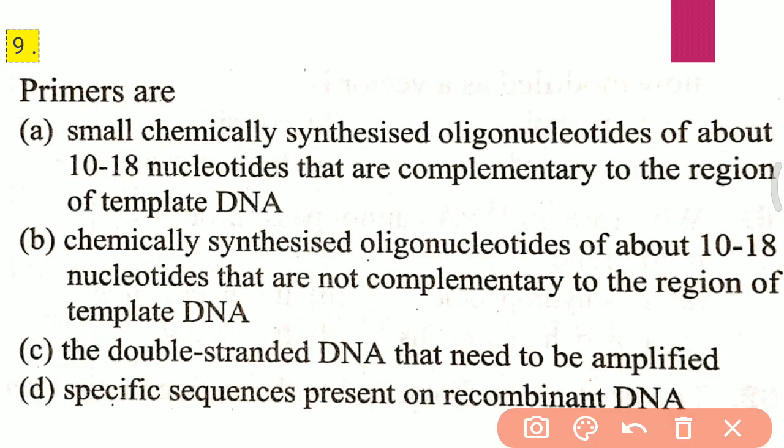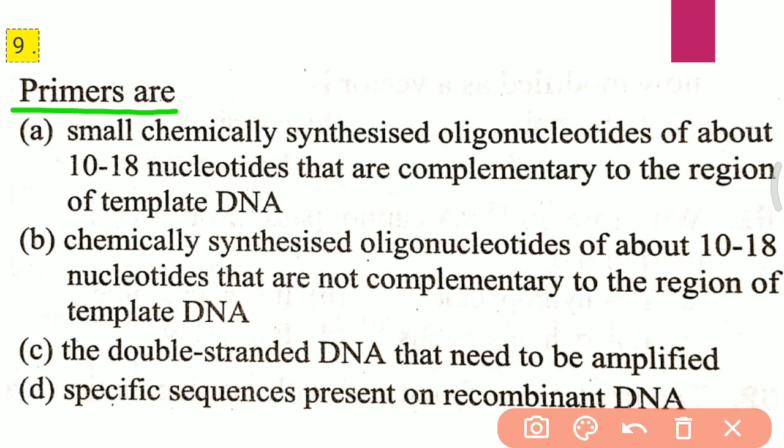Question 9. Primers are A. Small chemically synthesized oligonucleotides of about 10 to 18 nucleotides that are complementary to the region of template DNA. B. Chemically synthesized oligonucleotide of about 10 to 18 nucleotides that are not complementary to the gene of template DNA.